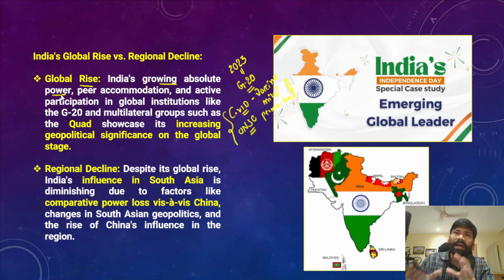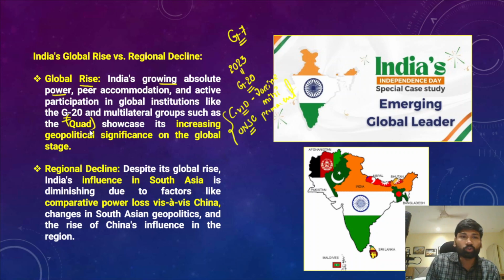And at the same time, India has also been very active in participating in several multilateral groupings. In fact, India is very often invited as a guest country to the G7 summits. So that indicates India's overall role at the global level in addressing key challenges. We have conducted the G20 Summit 2023, and we are also part of several multilateral groupings such as the Quadrilateral Security Dialogue.